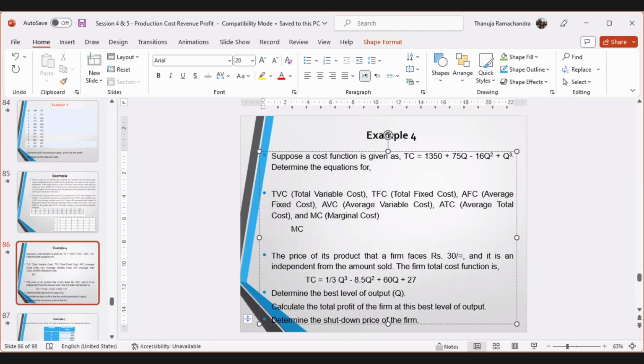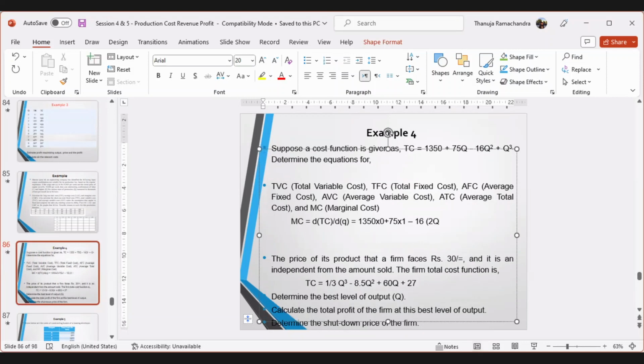It's like the derivative of total cost with respect to Q, dTC/dQ. So that is 1050 into 0 plus 75 into 1 minus 16 into 2Q plus 3Q squared.